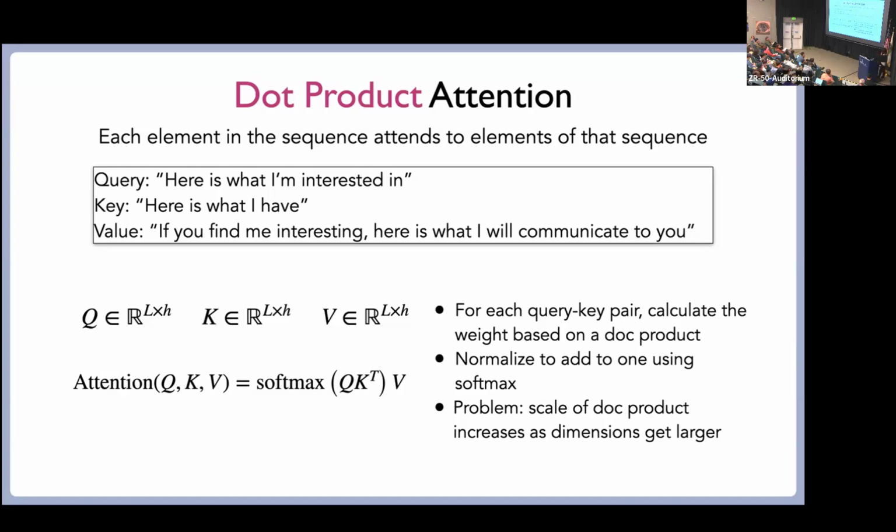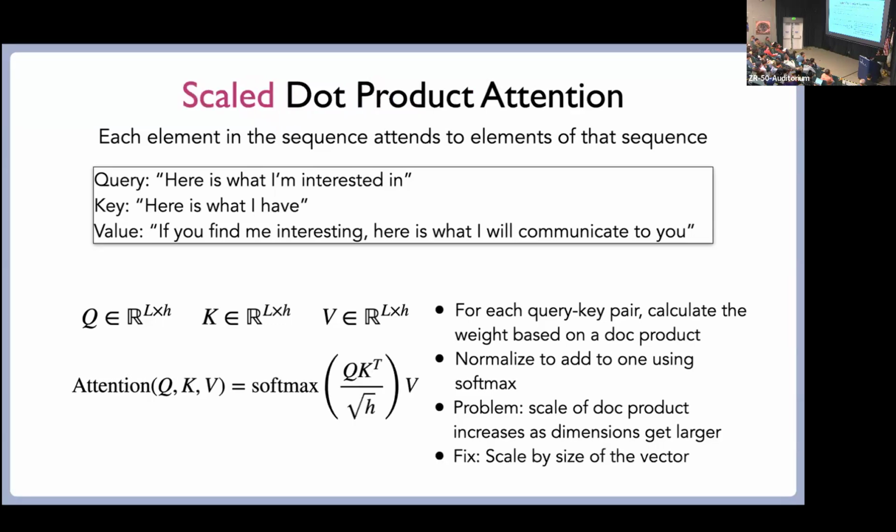One small problem here is that the scale of the dot product can increase as the dimension of the vector gets larger, because it's summing up over all element-wise multiplications. So what the transformer does is normalize it by the square root of H, where H is the hidden dimension. So we call it scaled dot-product attention.